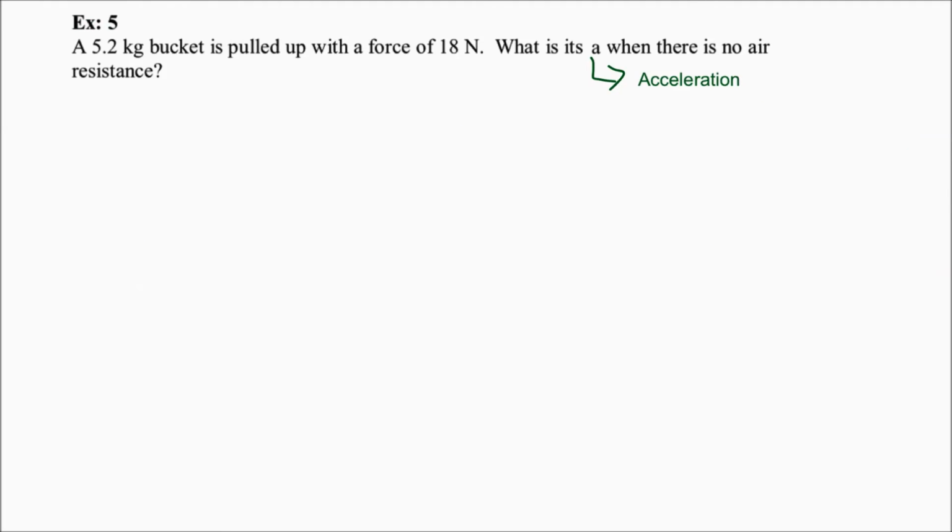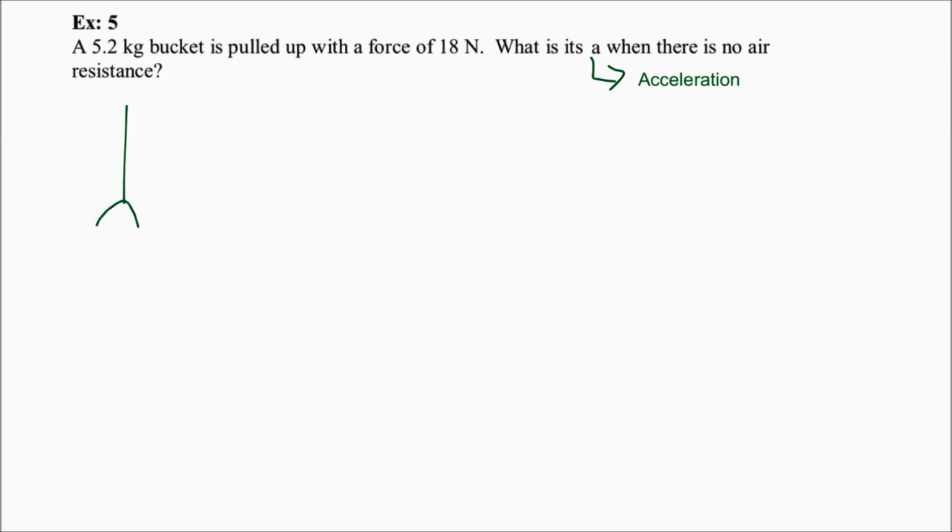Okay, so how about another Newton's second law problem? Example number 5. A 5.2 kilogram bucket is pulled up with a force of 18 newtons. What is its acceleration when there is no air resistance? Okay, so first thing we always want to try and do is draw ourselves a little picture here.